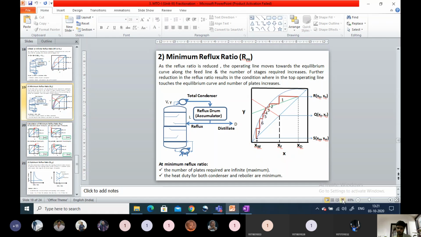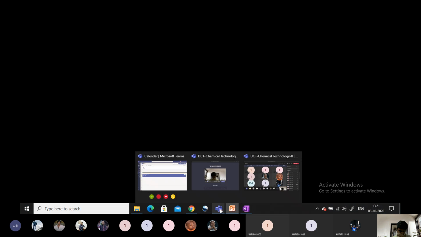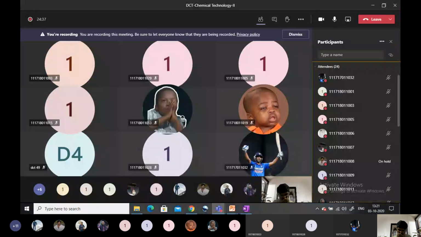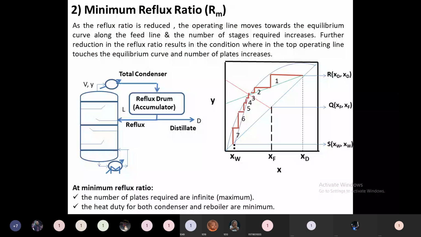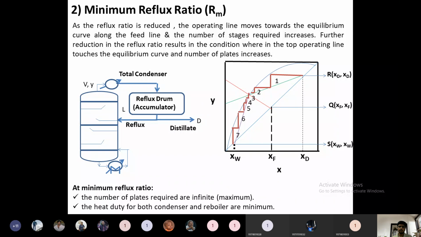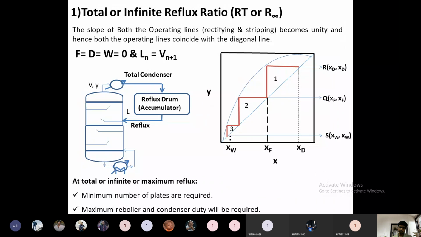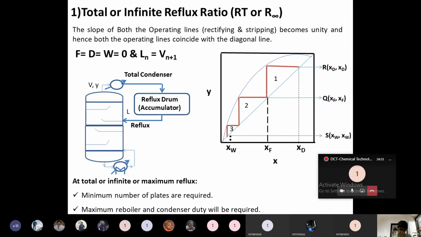Now coming to the PPT. I have clearly given the meaning of these terms in the PPT.